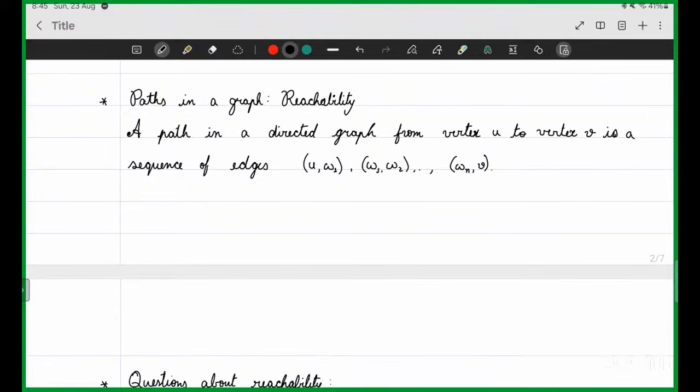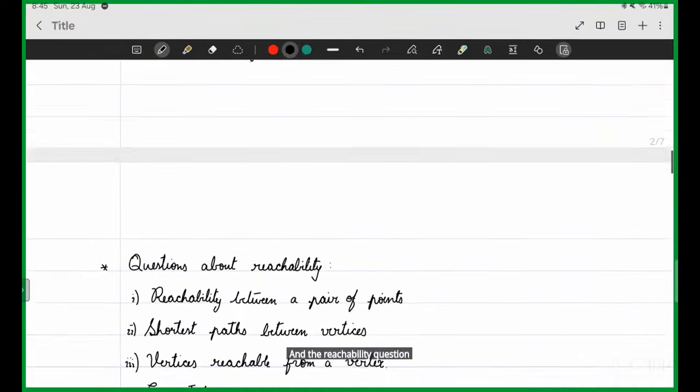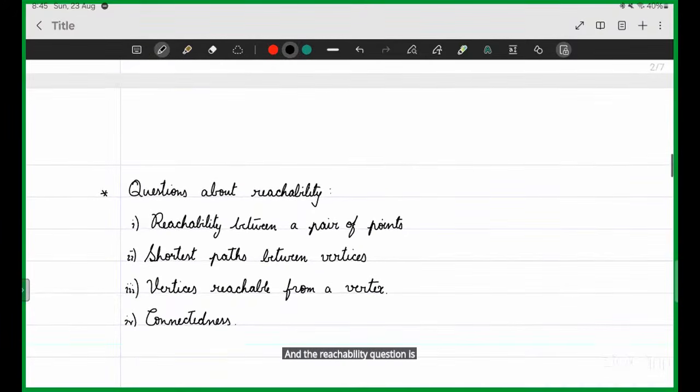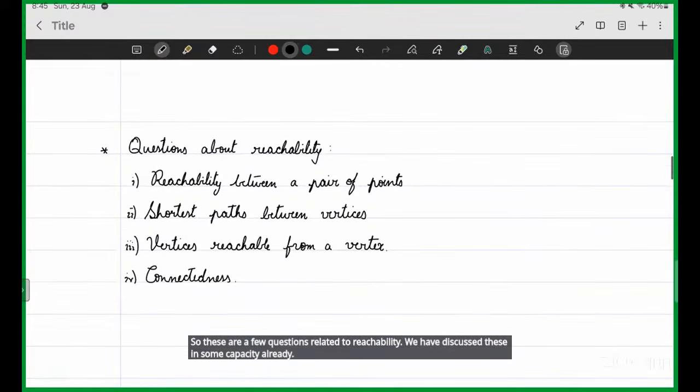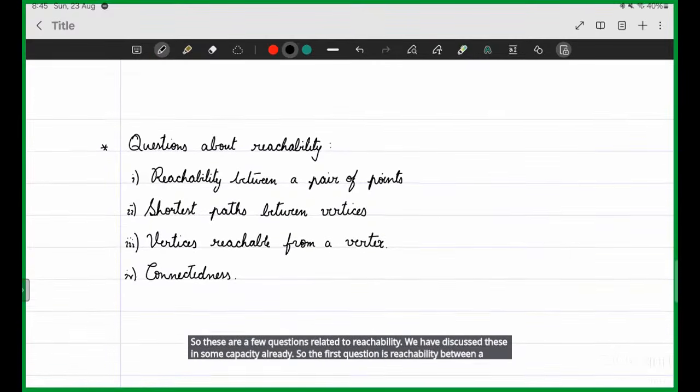Now the reachability question is the following. So these are a few questions related to reachability. We have discussed these in some capacity already. So the first question is reachability between a pair of points, right?